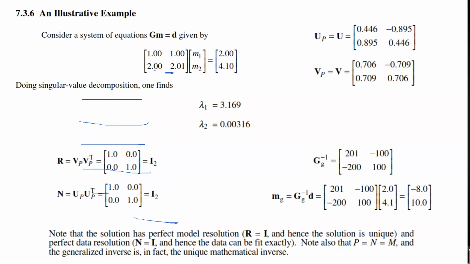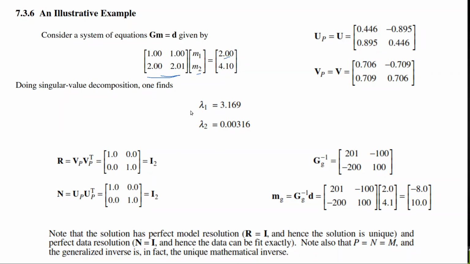So as a quick example, how do we compute all these things? Let's say we have our system, which is given by this matrix, and we have to find two model parameters, and this is the data, 2 and 4.1.